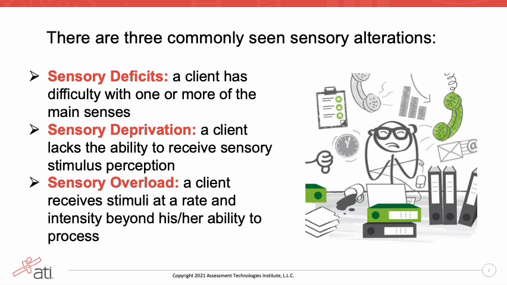Sensory overload is defined as receiving stimuli at a rate and intensity beyond the brain's ability to process the stimulation in a meaningful way. There's just too much of it going on. This can cause our clients to feel anxious, restless, or confused.